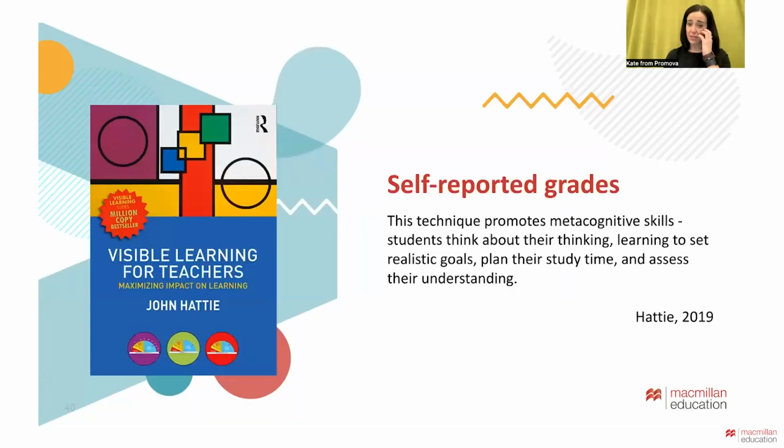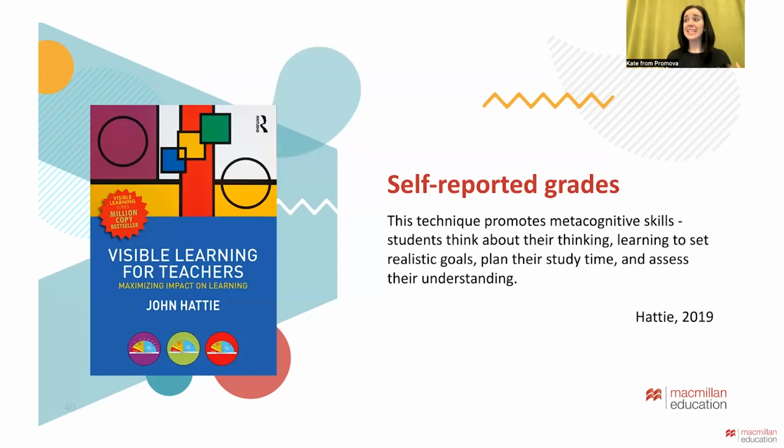So John Hattie is an Australian researcher who looked into the different things which have impact on learning. And there are things like homework, feedback, class size, use of technology, use of fun in the lesson.